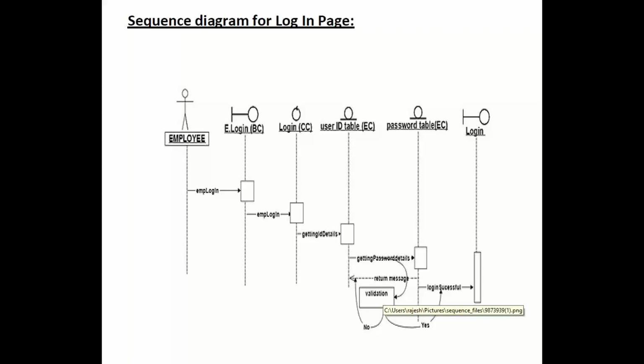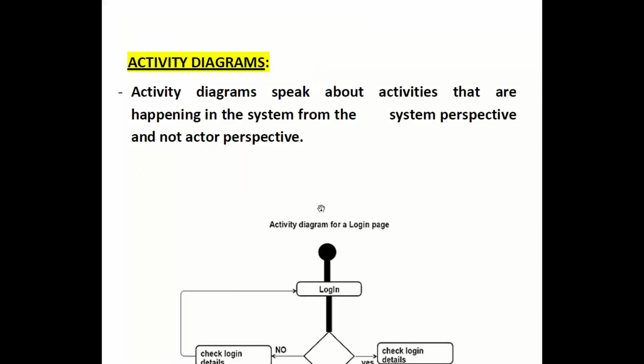That is nothing but a return message. If everything is okay, login will take place, and that's the reason you can't see the dotted lines here, because we completed the method. In this way we are going to draw sequence diagrams, but don't panic. No one is going to ask you. Then the next one is the activity diagram.